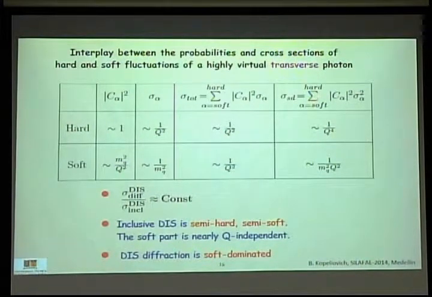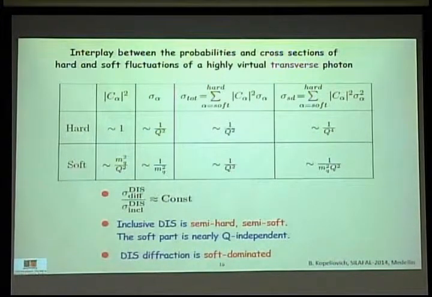Moreover, when I look at the diffractive cross-section, as I said on previous slides, the formula is the same, except sigma must be replaced by sigma squared. And it changes. For hard, you will get the square of the cross-section, it's 1 over Q to the 4th.